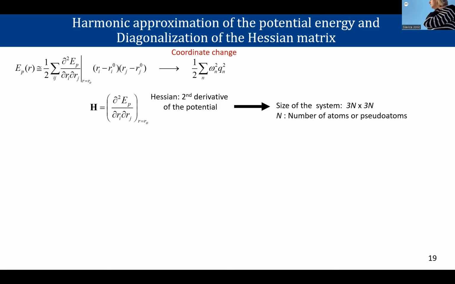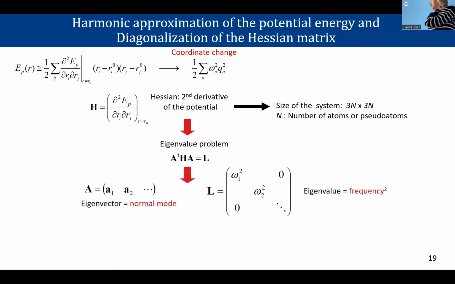This Hessian is of size 3n times 3n, where n is the number of atoms, and 3 is for the 3 coordinates x, y, z. This boils down to the solution of an eigenvalue problem, where you decompose matrix H into matrices A and L. Matrix A contains the normal modes as columns.